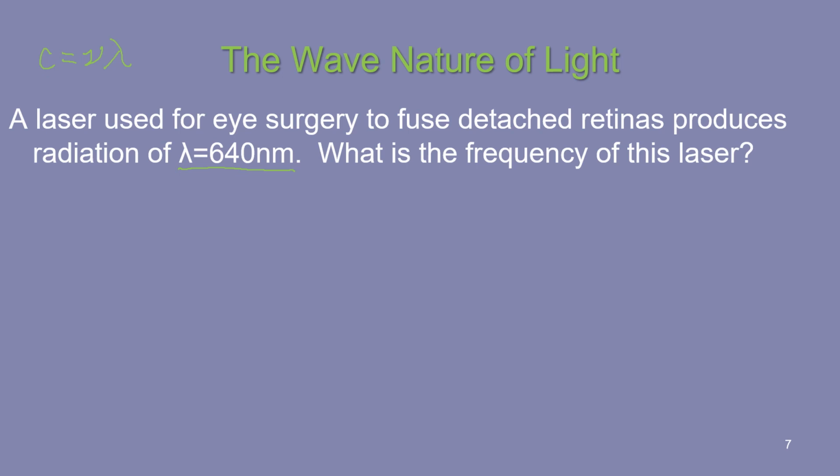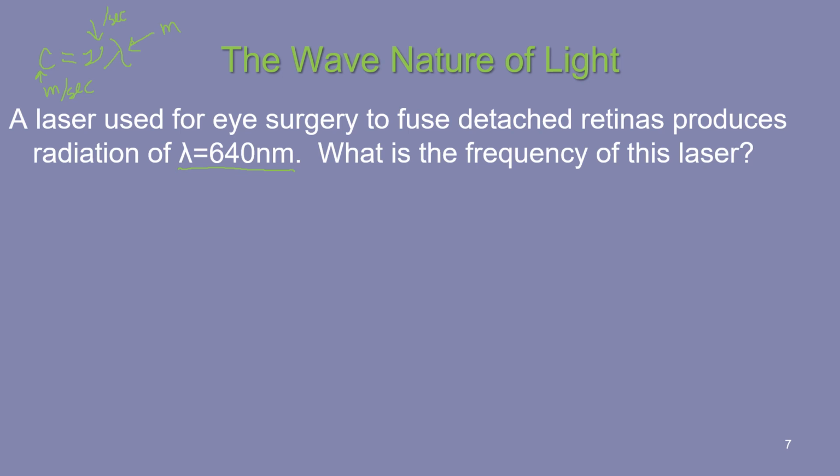If we know the wavelength, we can find the frequency because we know what c is. But keep in mind that the units of c are meters per second. So when we're using this equation, we always have to put the wavelength in terms of meters and the frequency in per second, which is the same as hertz.